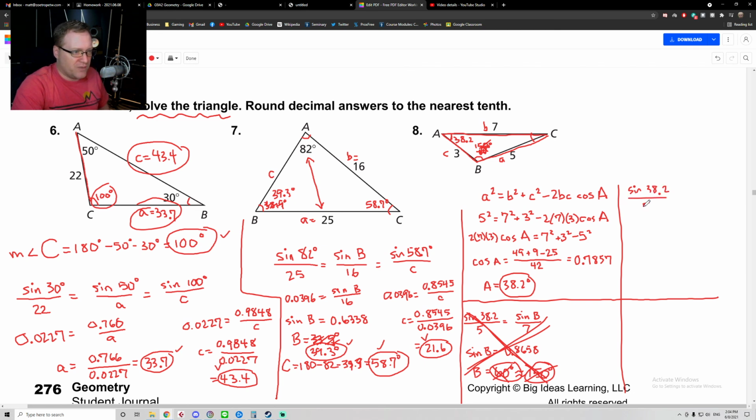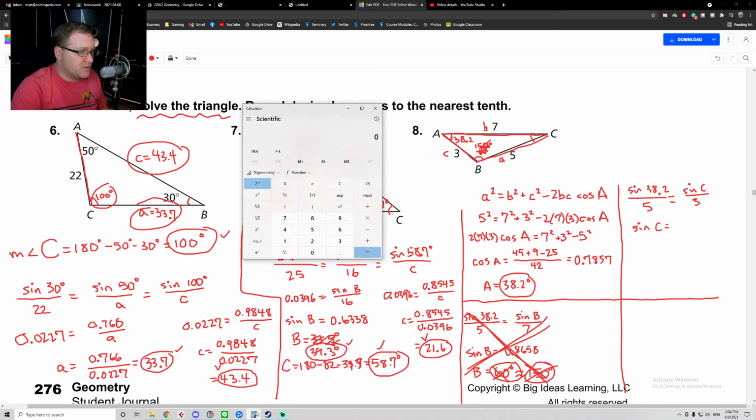The sine of 38.2 divided by 5 equals the sine of C divided by 3. So the sine of C is going to equal, the way we're going to do this, we take the sine of 38.2, divide it by 5, and then multiply by 3.